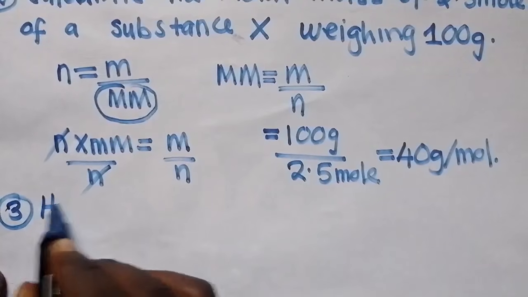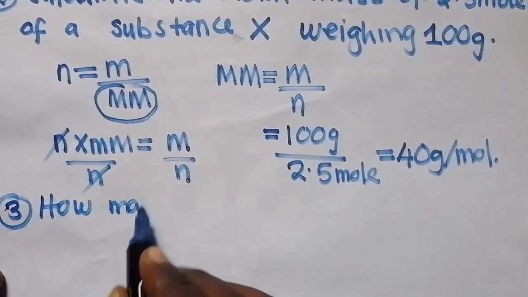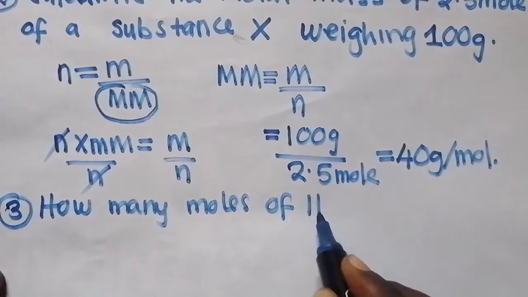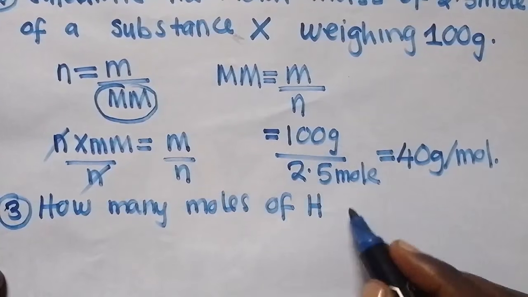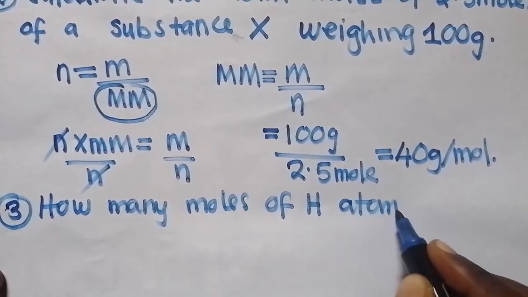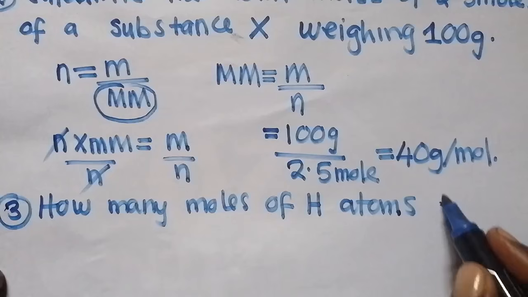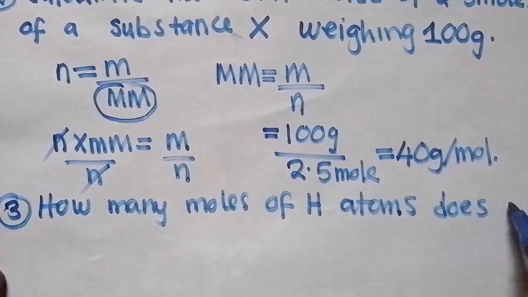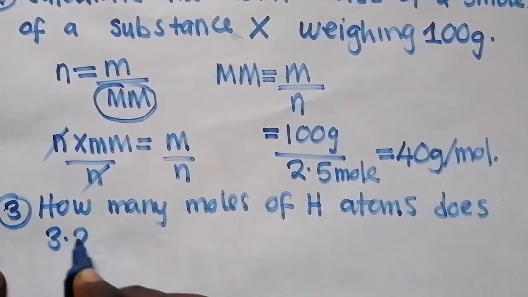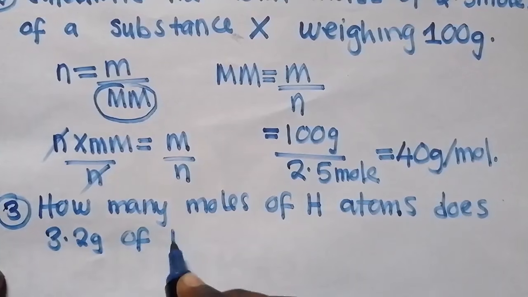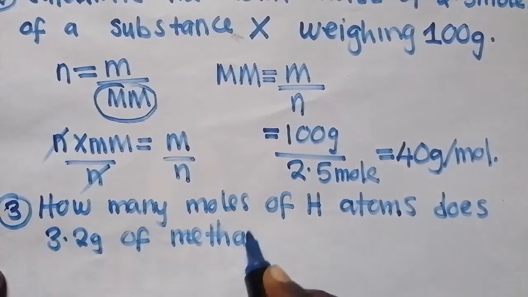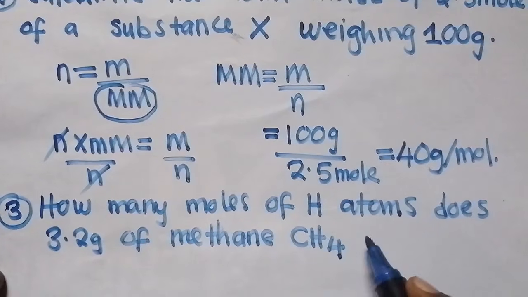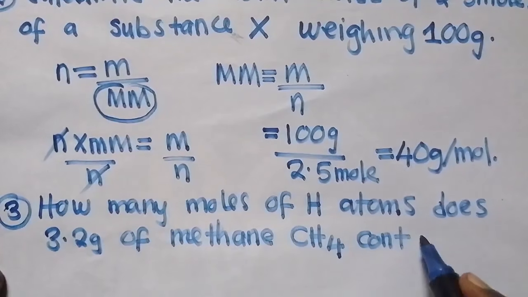So this question is saying: how many moles of hydrogen atoms does 3.2 grams of methane, which is CH4, contain?